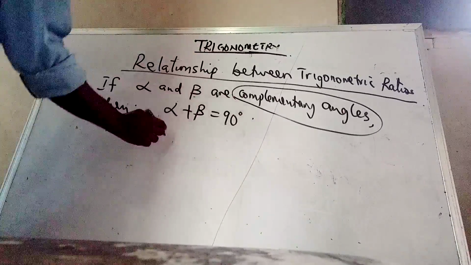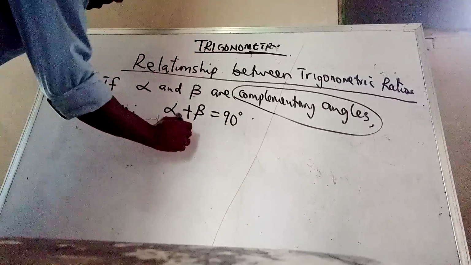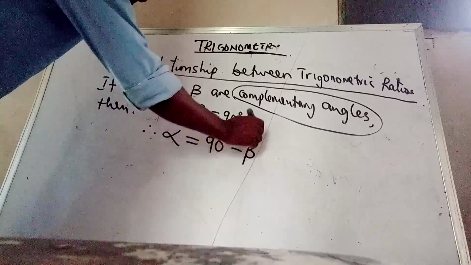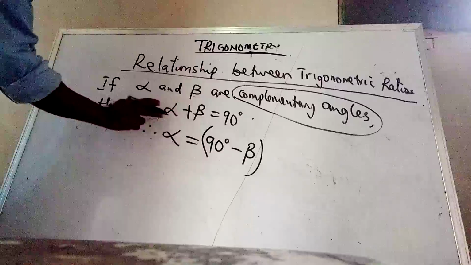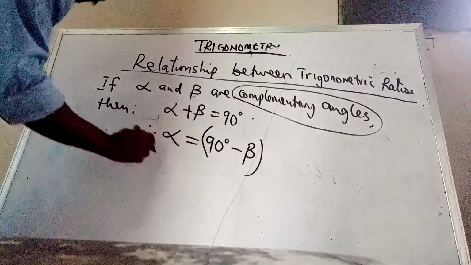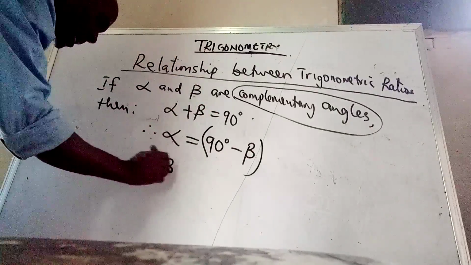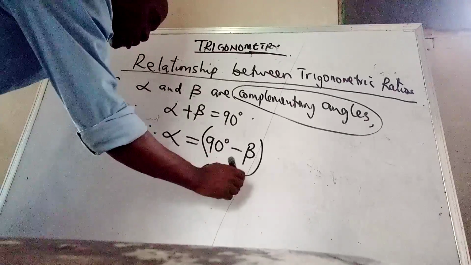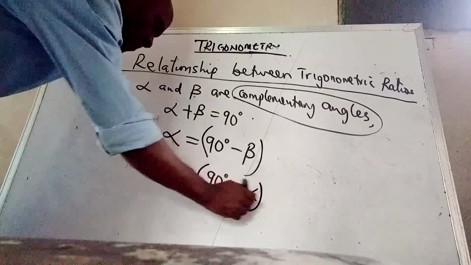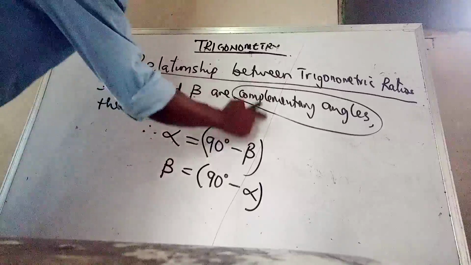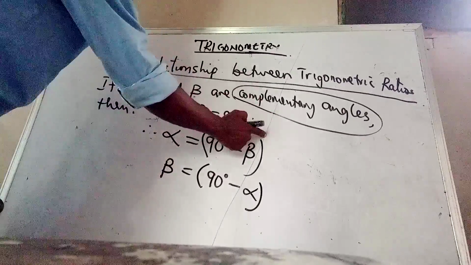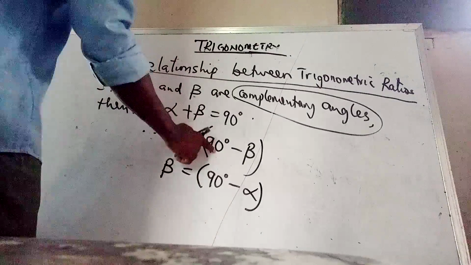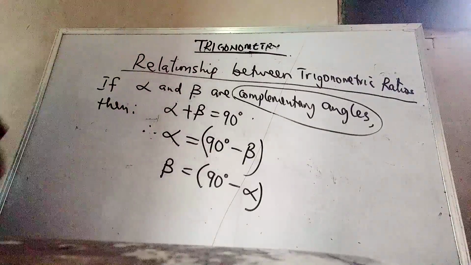Therefore, from here, we can imply that alpha is 90 degrees minus beta, by moving beta to the other side. Also, beta is 90 degrees minus what? Alpha, if we are shifting alpha to the other side. Do not forget that if I want to change this degree to radian, I can do it.